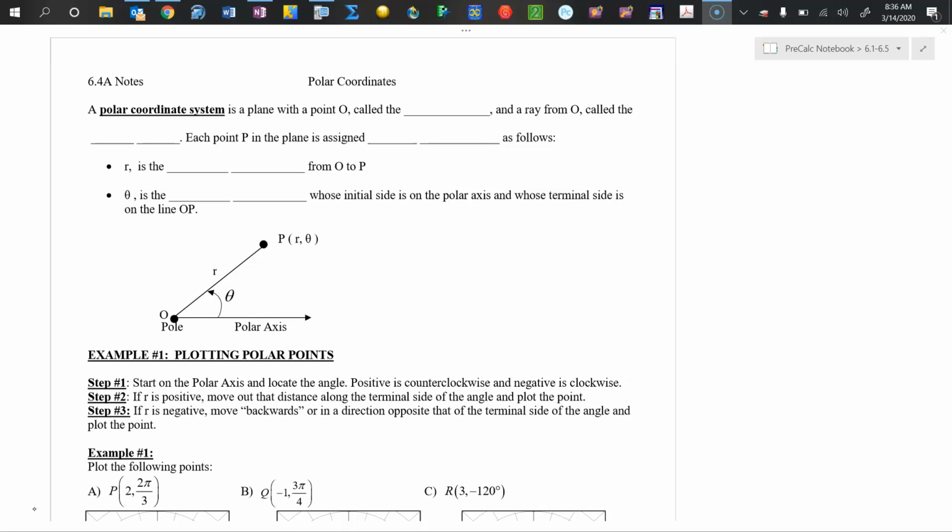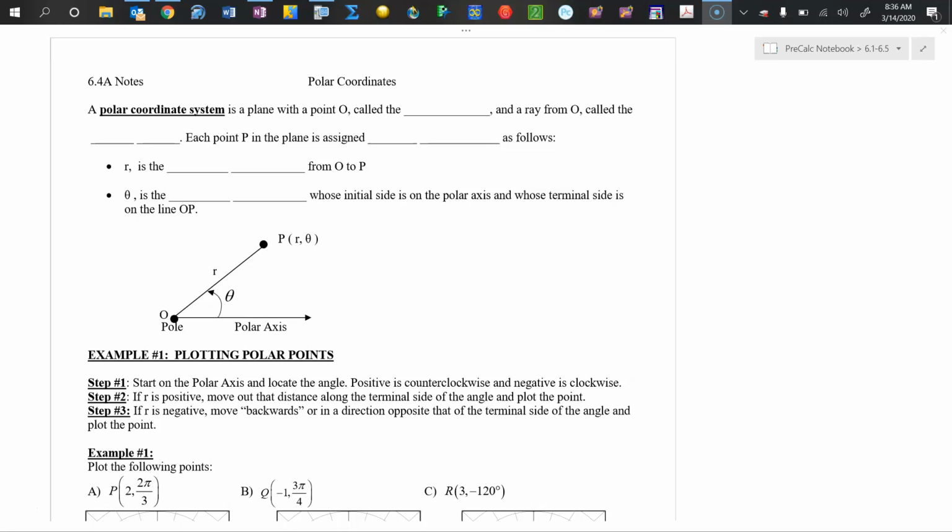If you look at the middle of my page, you will see a diagram that's labeled with a pole, a polar axis, theta, r, and a point that has polar coordinates r, theta. I would like to connect what you already know about graphing points in a Cartesian or xy coordinate system with how to graph those points using a polar coordinate system.